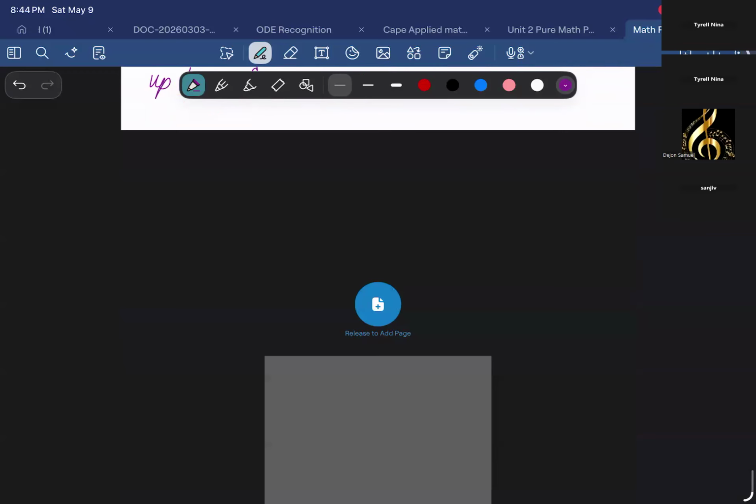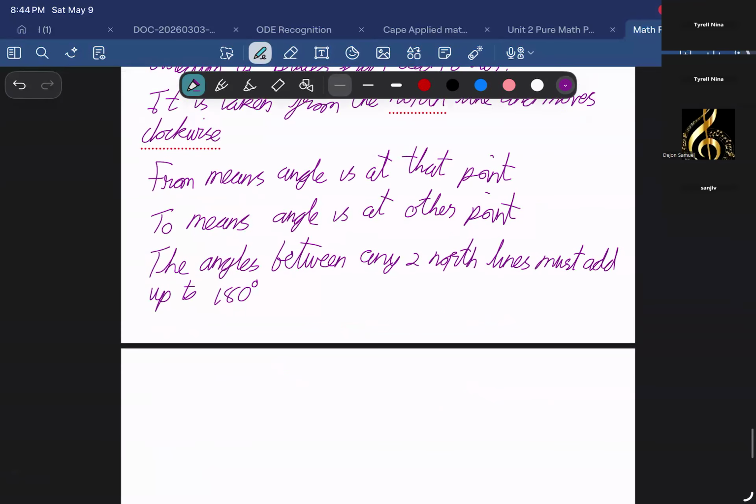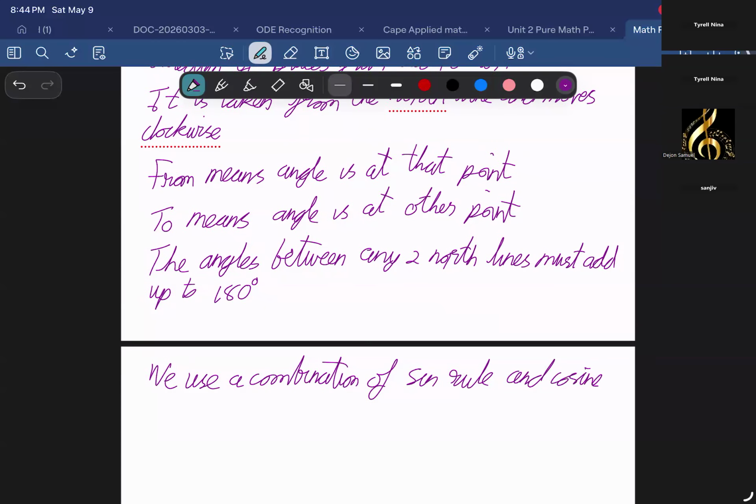We use a combination of sine rule and cosine rule.